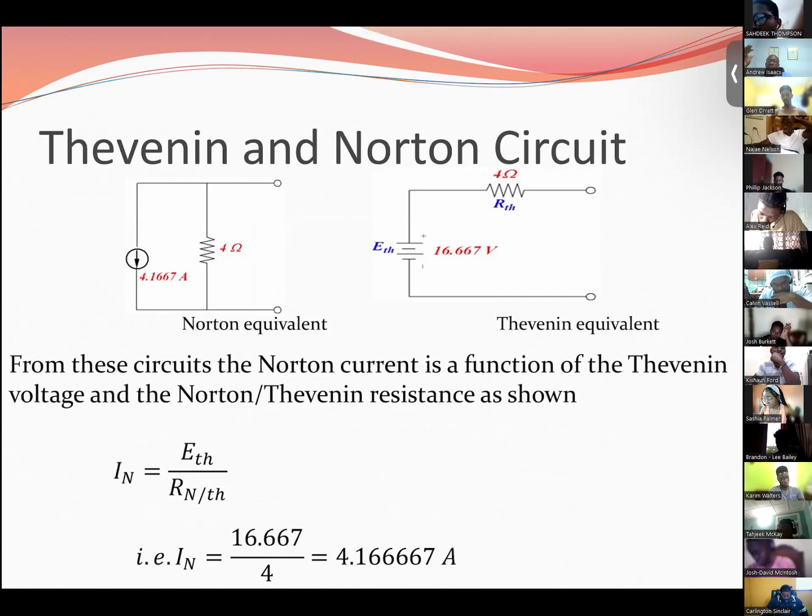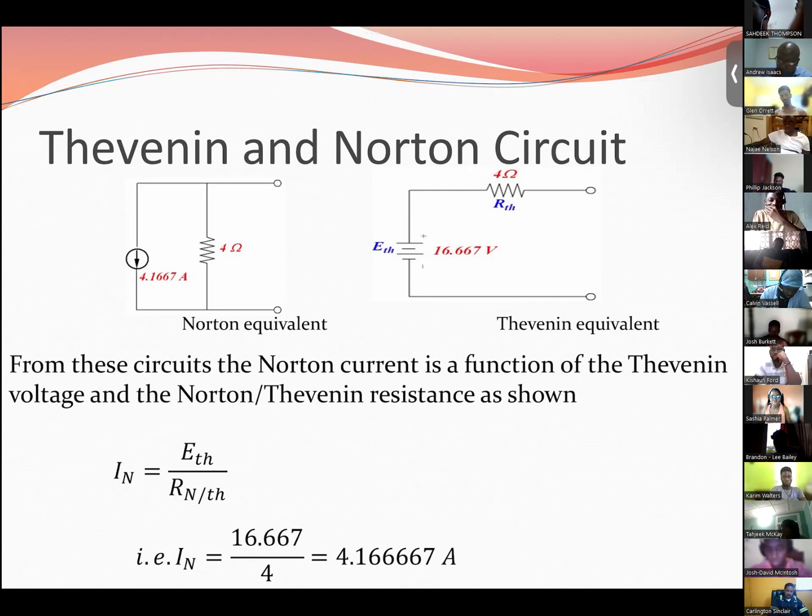So we have looked at the Thevenin, we have just looked at the Norton. The Thevenin, we had the 16.667 in series with the 4 ohm. And for the Norton, we have the 4.1667 in parallel with the 4 ohm. Now, it wouldn't necessarily be obvious.